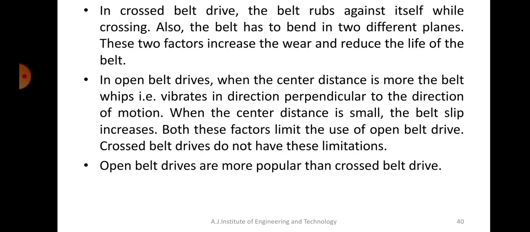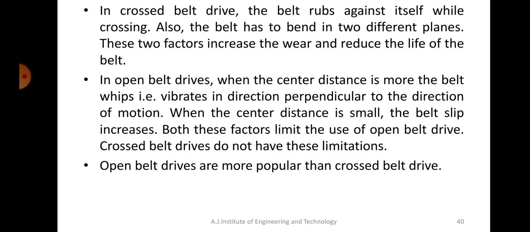Okay, but you can see in this point, in cross belt drive, the belt rubs against itself while crossing, right? Because there is a crossing over taking place, one coming from the driving and another one coming from driven. So there is a chance that it will rub against each other. Okay, so in that case, the belt has to bend in two different places.